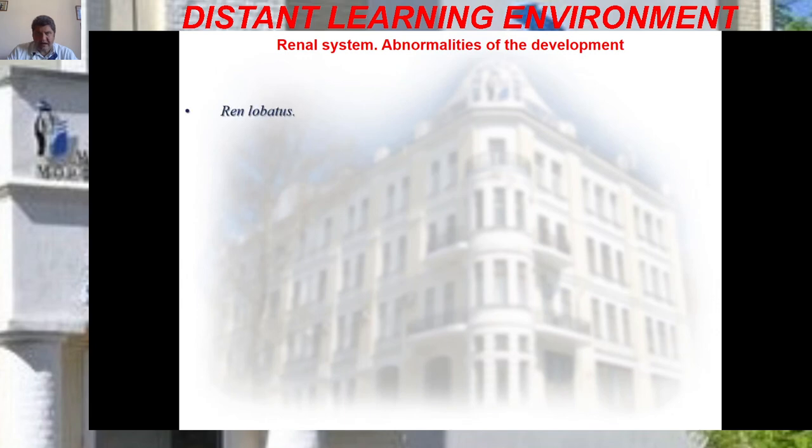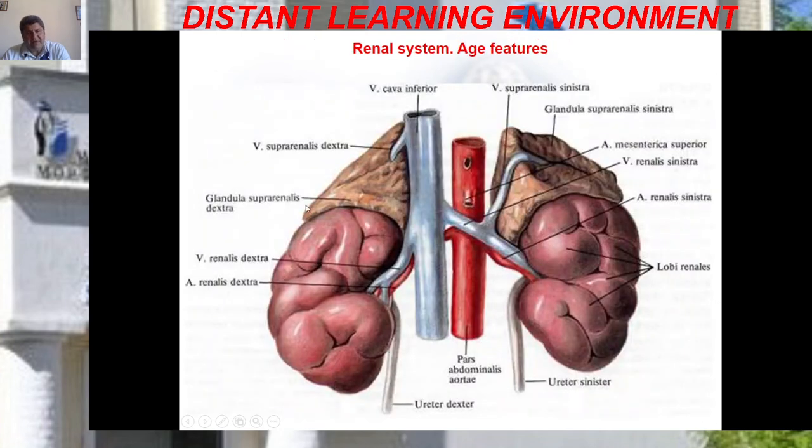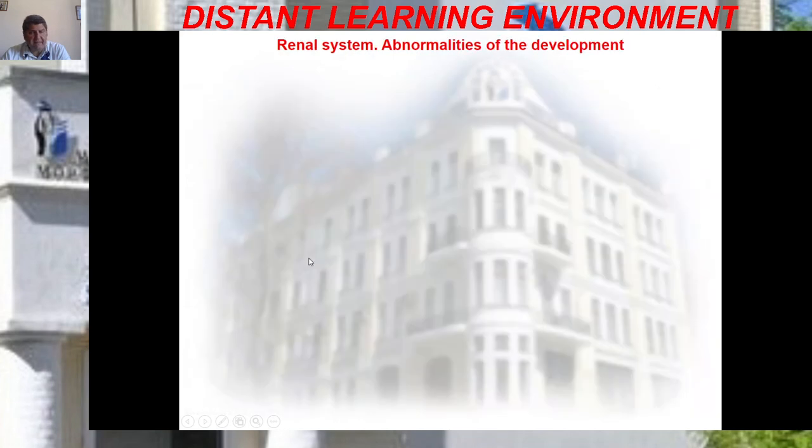And next I want to tell about some abnormalities of kidneys and urogenital tract. Ren lobaris: if an adult person has these lobes or grooves on the kidney, this is abnormal for an adult person.